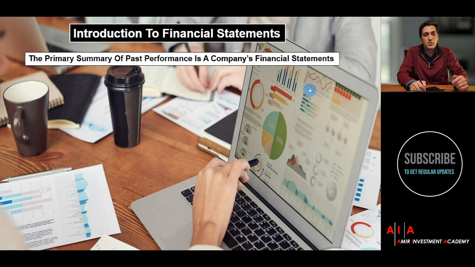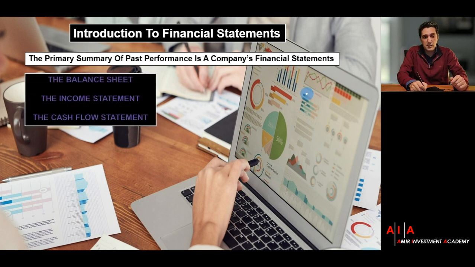They're broken down into three major statements: the balance sheet, income statement, and cash flow statements. Each of them tells you a different aspect, a different story about a company. If you think of the whole financial statements as a big puzzle, these are the pieces of that puzzle. In order to have the full picture, you need to go through them all and understand the links between them.